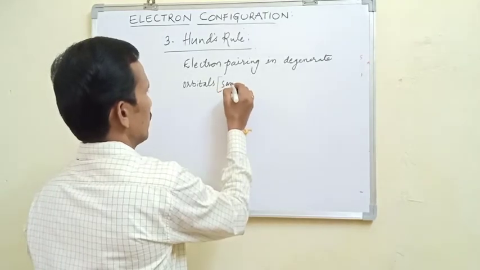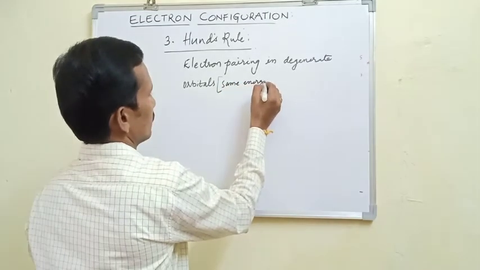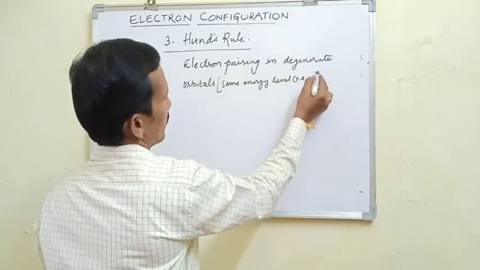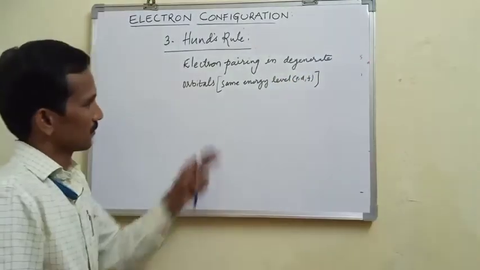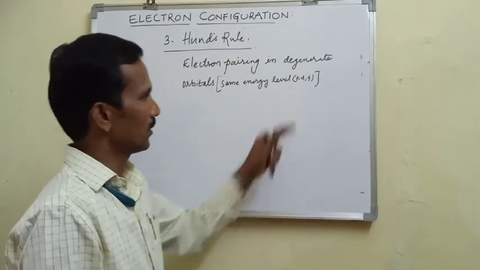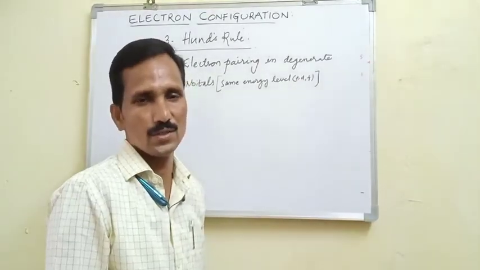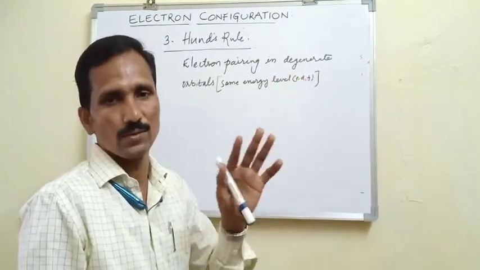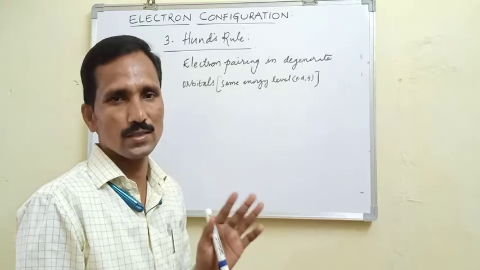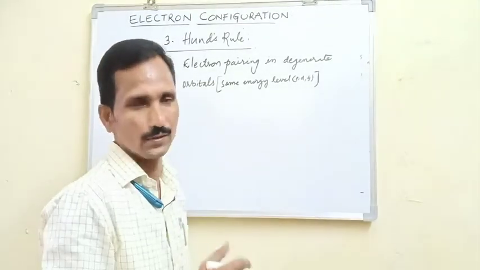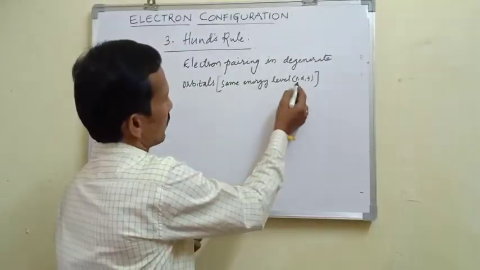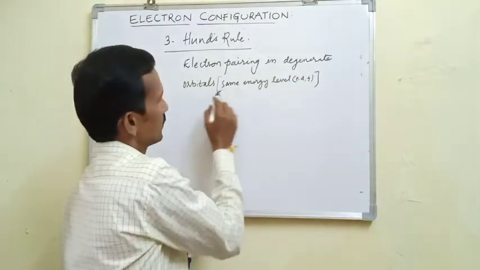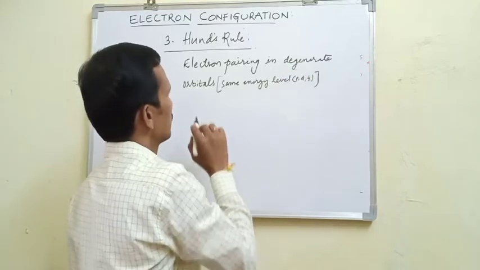The p, d, f orbitals are called same energy level orbitals. Why? The p orbital has 3: px, py, pz. The d subshell has 5 orbitals: dxy, dyz, dzx, dx square minus y square, dz square. The f subshell has 7. So these orbitals have the same energy level, and orbitals with the same energy level are called degenerate orbitals.